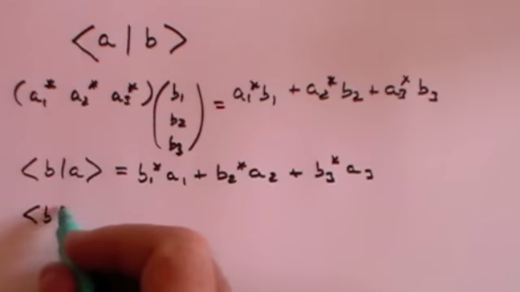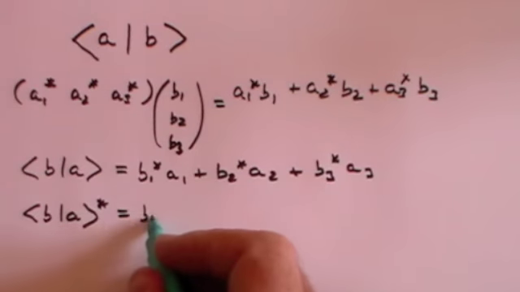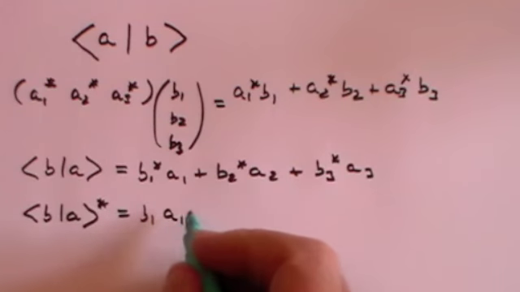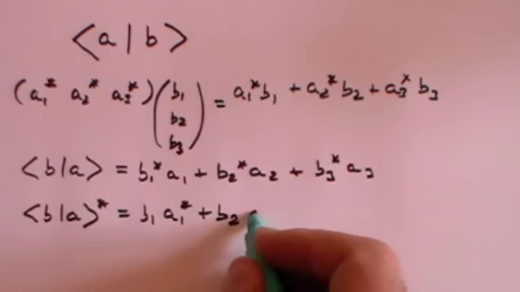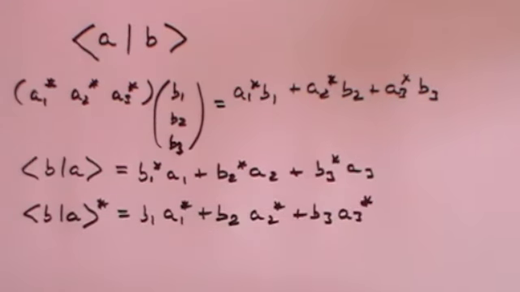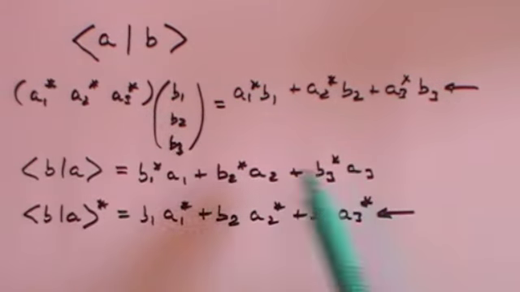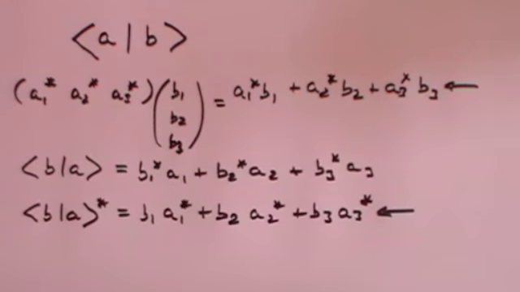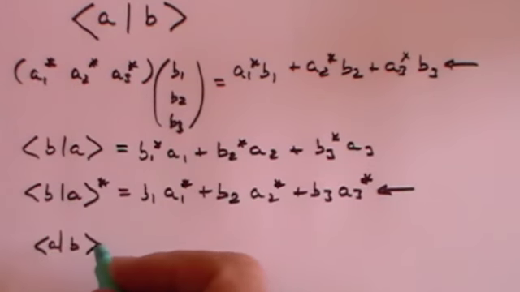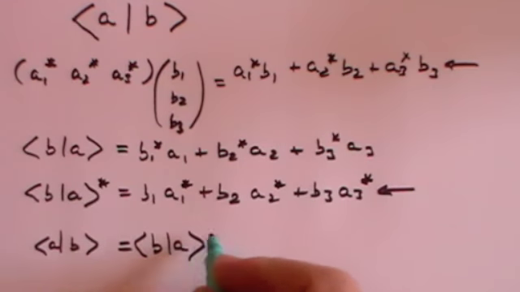If I now take BA and I complex conjugate it, I will get B1, because the complex conjugate of a complex conjugate gets you back to where you started, times A1 star, plus B2 times A2 star, plus B3 times A3 star. But that is the same as that, because the order of the numbers doesn't matter. And so we've just shown that AB is equal to BA complex conjugated.